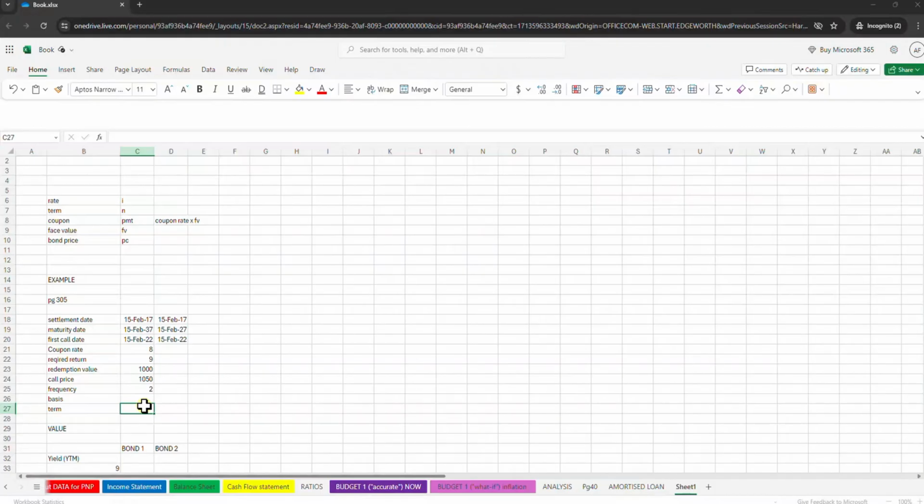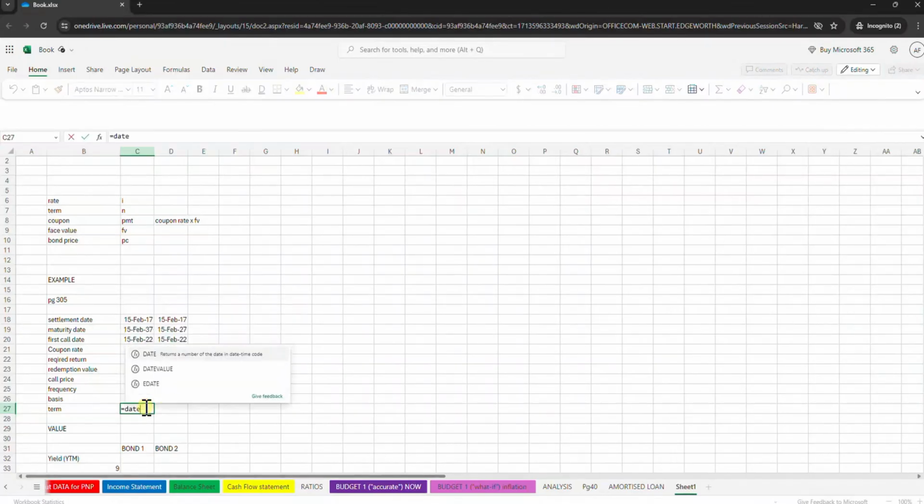All right, so the term, DATEDIF. Come on. DATEDIF converts a date, returns a number before after, returns a number of the date in the time code. No, DATEDIF. Does that work? Nope, it's not working.